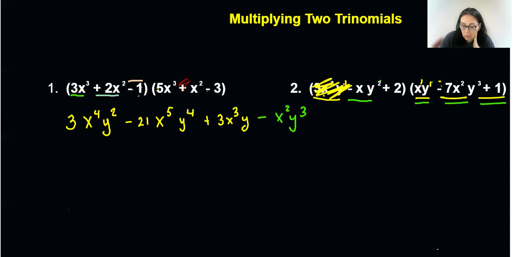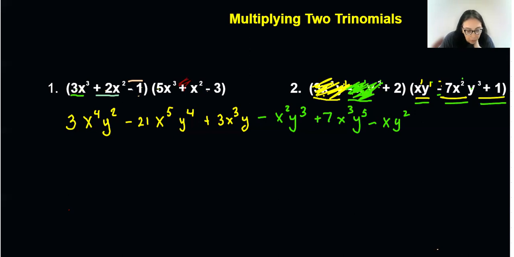Then negative times a negative is a positive. 1 times 7 is 7. x to the 1 times x squared, 2 and 1 makes 3. y squared times y cubed, 2 and 3 makes 5. And then negative xy squared times 1 is just negative xy squared. So we've done this one. All done. Now we've got to do the 2.